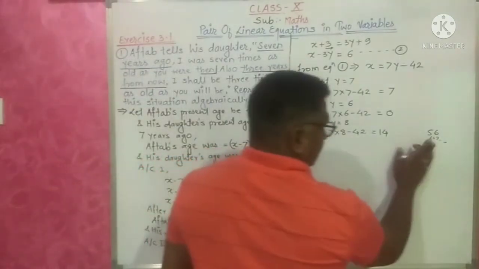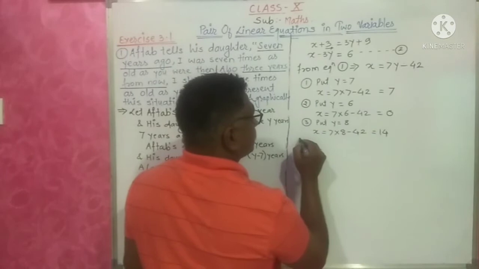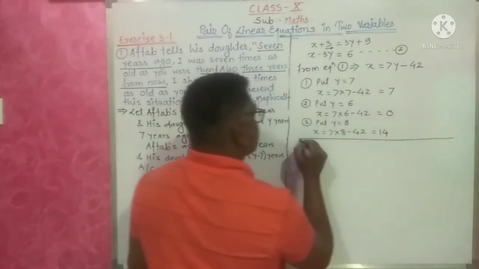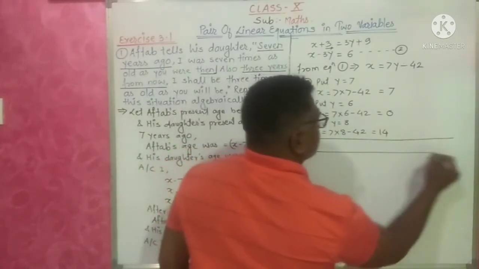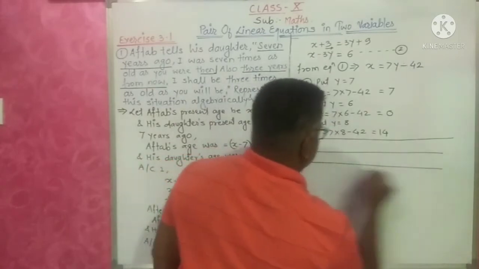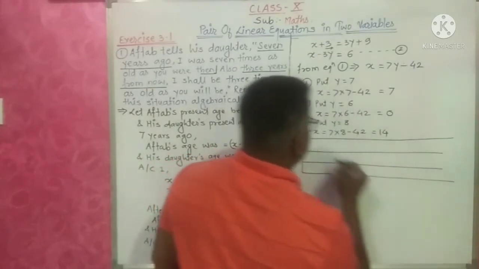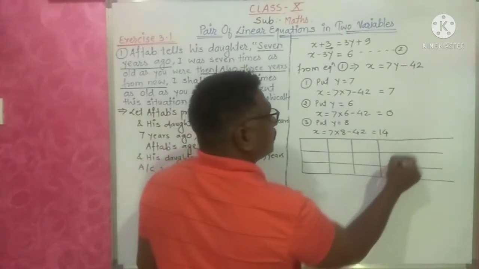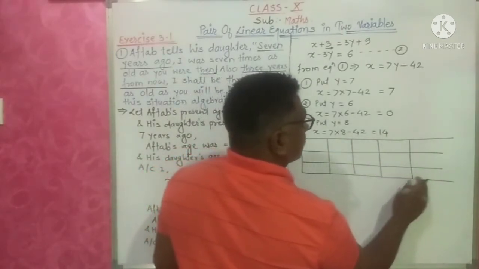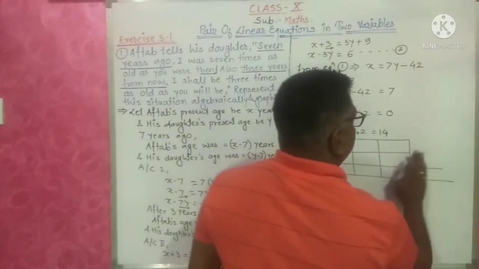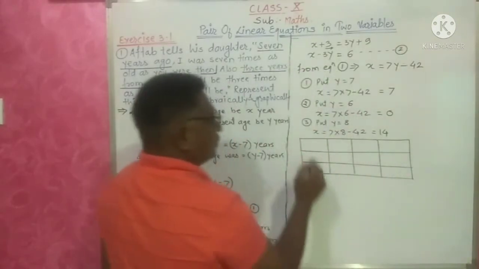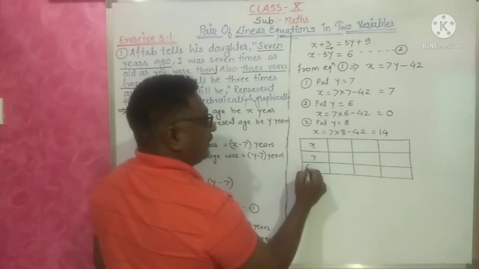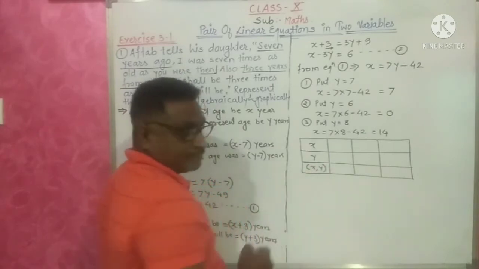So this we have to represent in the table. 3 columns. So here x, y, x comma y.